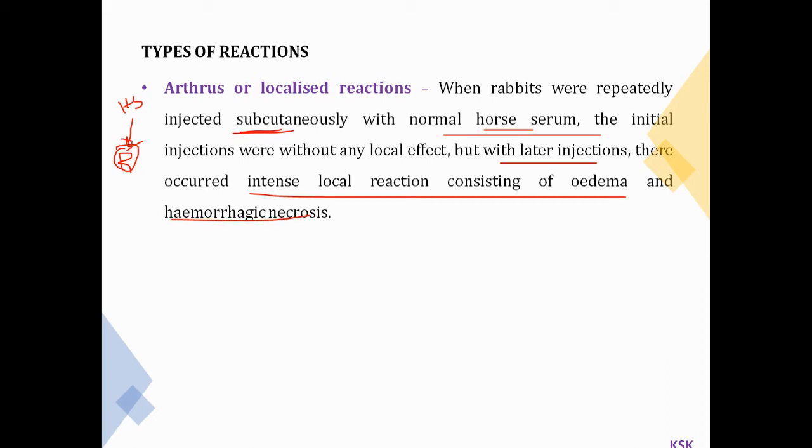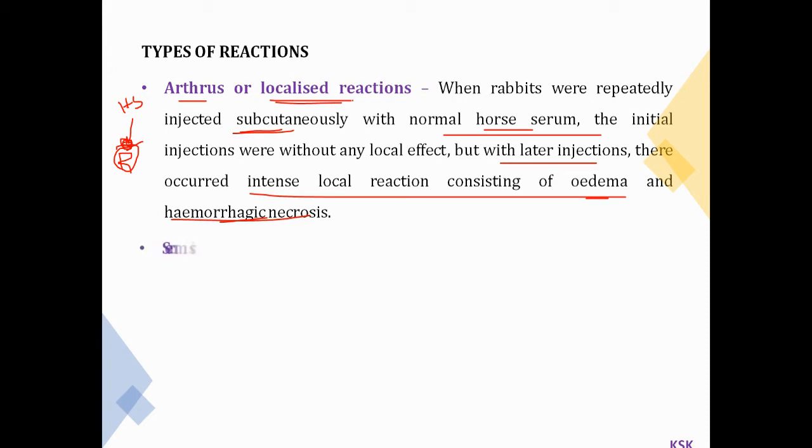That means at the site of injection there is edema and also hemorrhagic necrosis, meaning damage of the tissues at this region. That type of reaction is known as the Arthus reaction. The reaction takes place only at the site of injection, at one place only. Hence, it is known as the localized reaction.